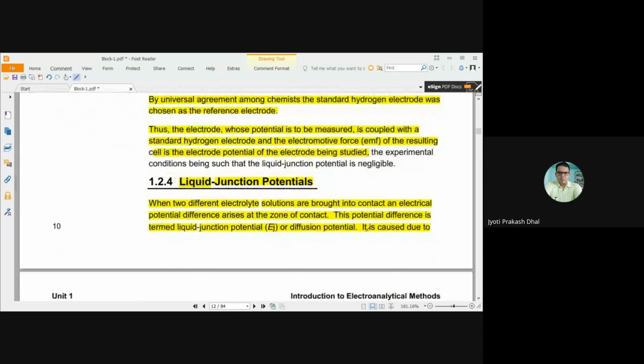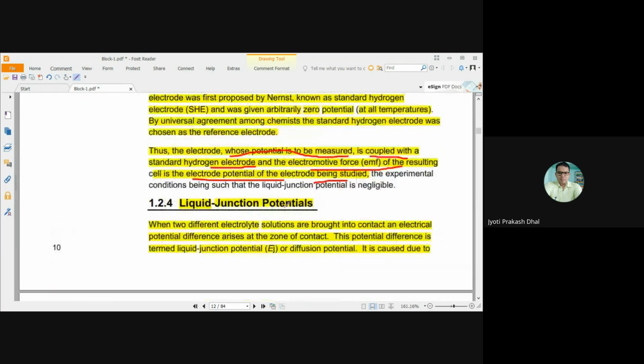Thus, the electrode whose potential is to be measured is coupled with a SHE, or standard hydrogen electrode, and the EMF of the resulting cell is the electrode potential of the electrode being studied. So by this method, the electrode potential can be measured.